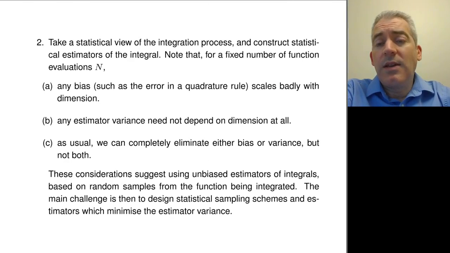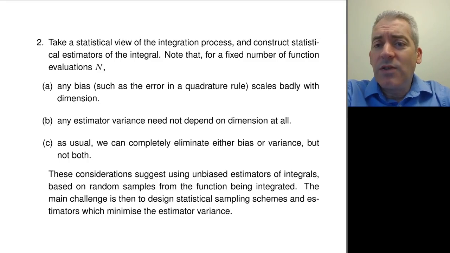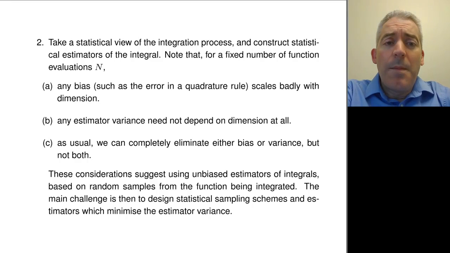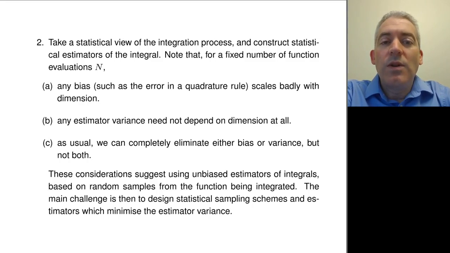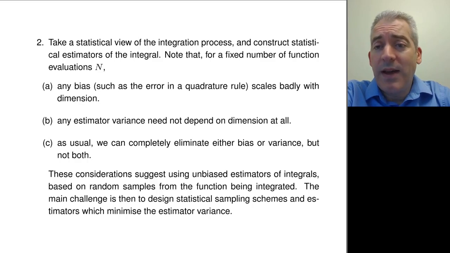The other thing you could do is switch to Monte Carlo, and again that's going to be a little bit tangential to the main thrust of this course, but for high dimensional spaces it's really the only practical solution. What you do is you somehow construct some random statistical estimate of the integral. And if you can do that, for example, in an unbiased way, then that might be a useful property.